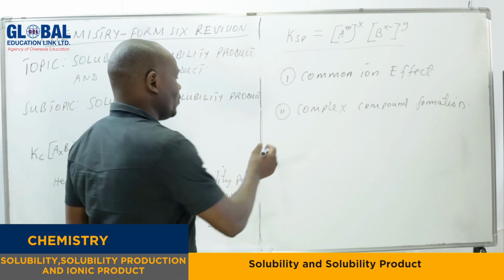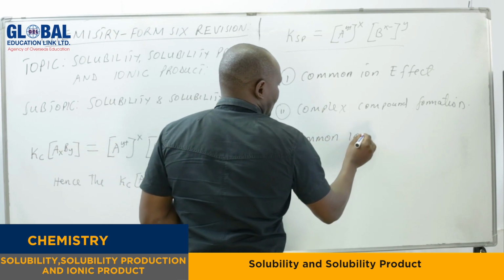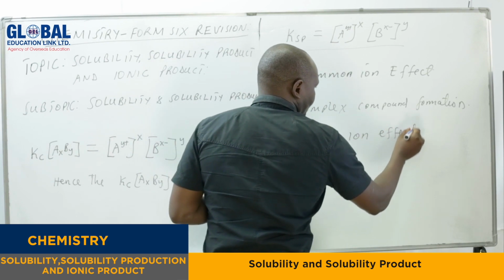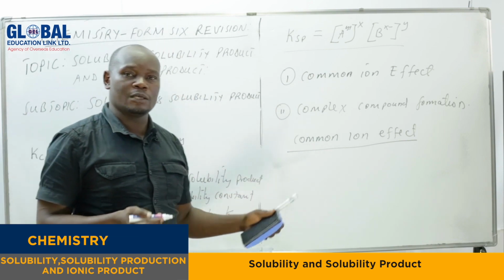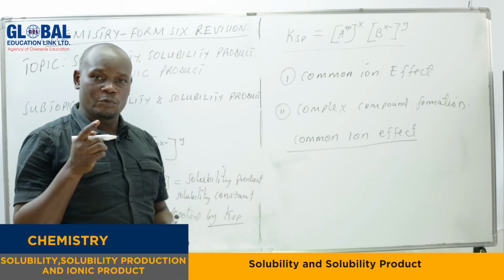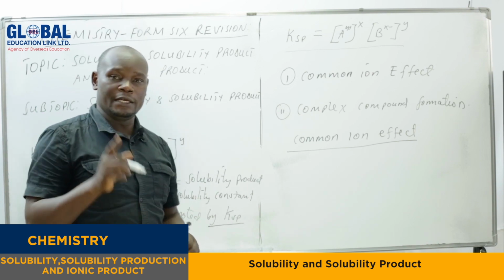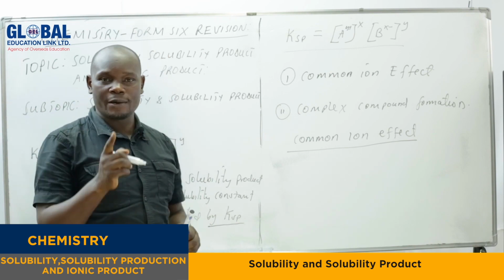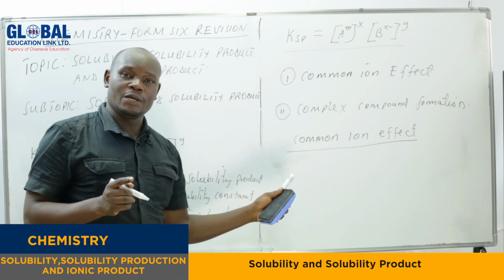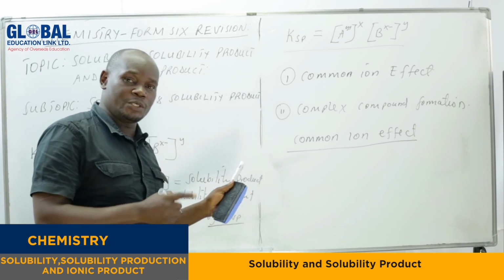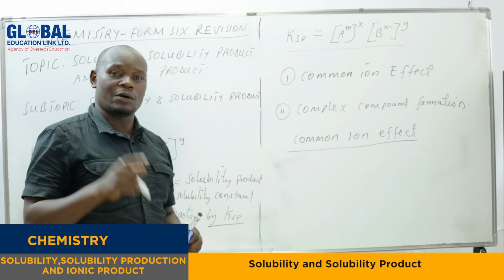Now, if we consider the common ion effect, common ion effect is an effect which decreases the solubility of a substance when that sparingly soluble substance is added into a solvent containing one of its ions. That is what we call common ion effect.